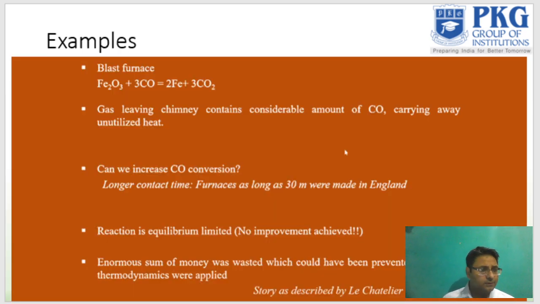For example, in the blast furnace, thermodynamics can predict the equilibrium yield of the reaction and also give insight into the driving force for the changes under the given conditions of temperature and pressure.